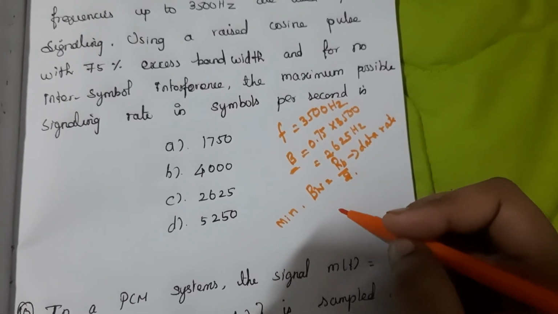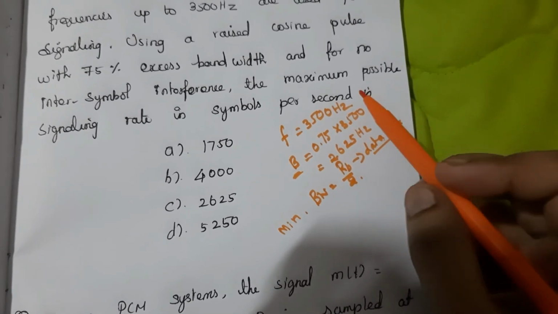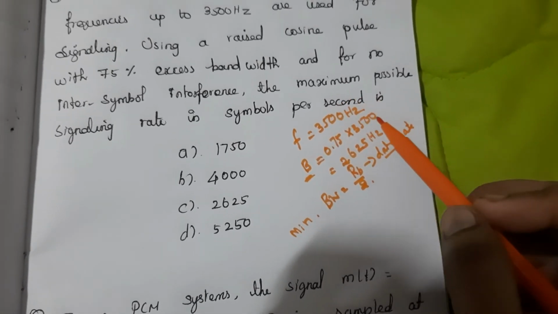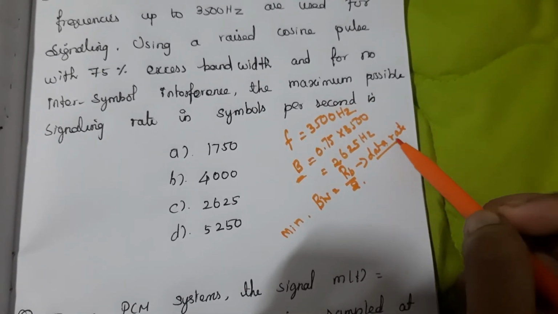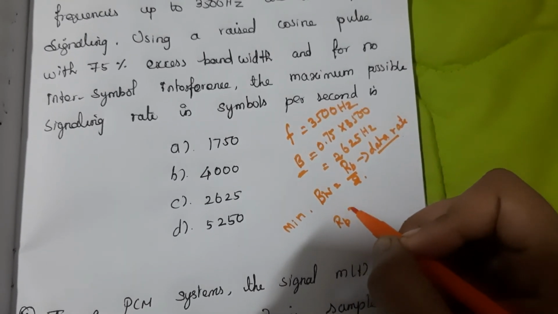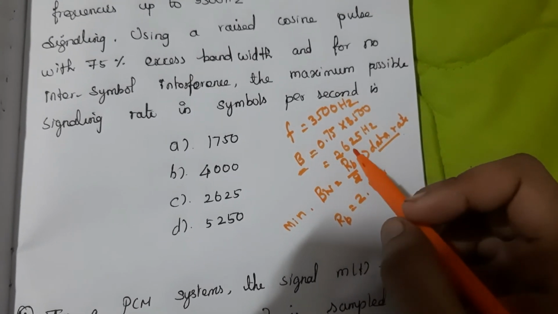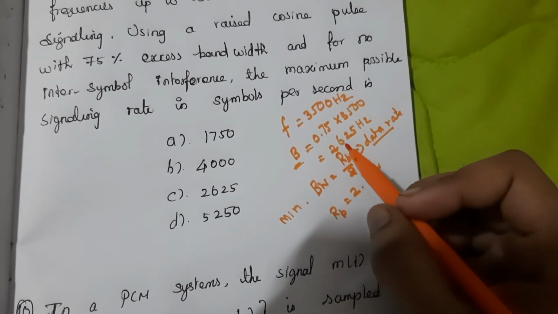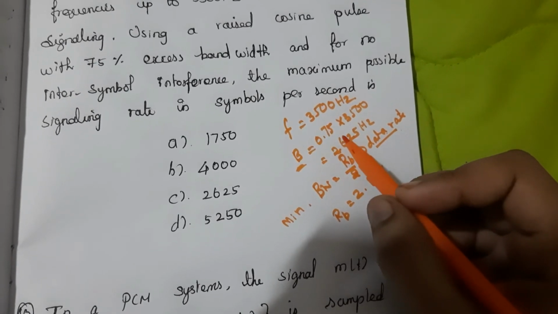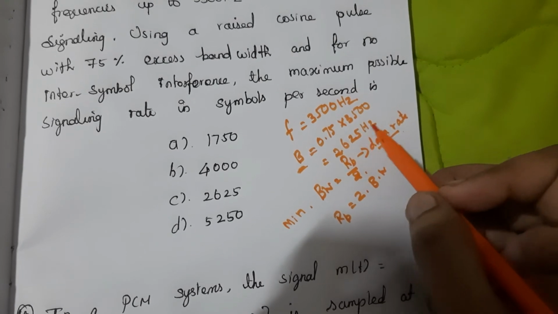So we have to find the data rate here. From this equation, RB, that is the data rate, is equal to 2 into the minimum required bandwidth. And now the minimum required bandwidth, that is the excess bandwidth due to that 75%, becomes 2625 Hz.